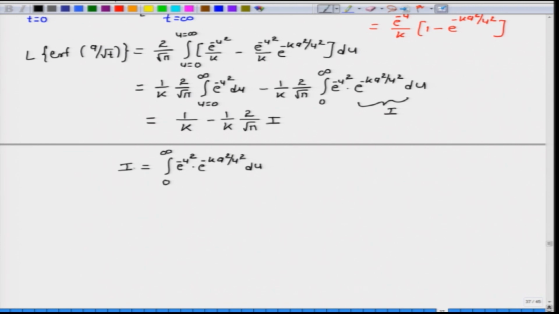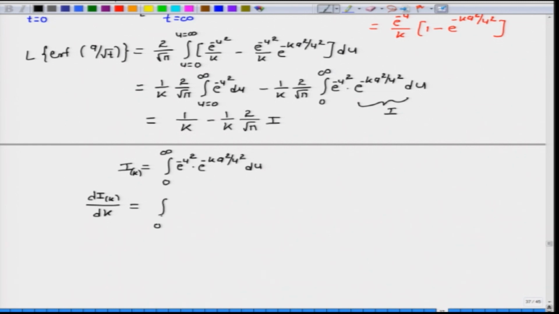So, I is a function of k. So, we write I of k. To evaluate this integral, let us try to do a little bit of manipulation.